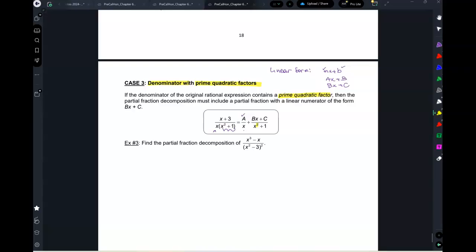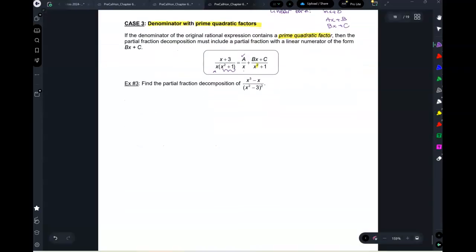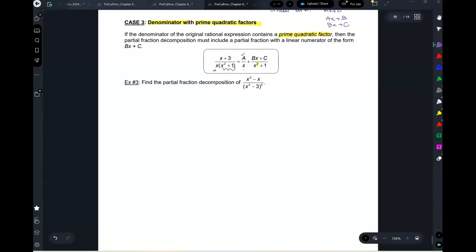And so when I make it linear, it's like Mx plus B. I used A, then I go to the next one, Bx plus C. Fabulous. Let's do this one. It's factored. Can't factor it anymore. So x cubed minus x over x squared minus 3 squared, this is a repeated one. It's repeated twice, so it needs 2.